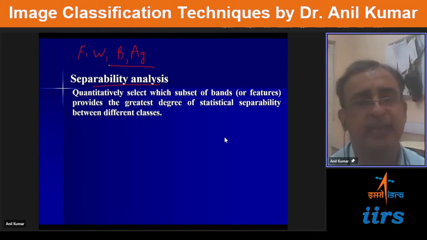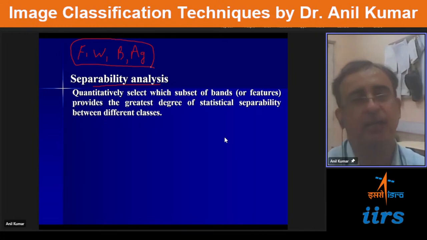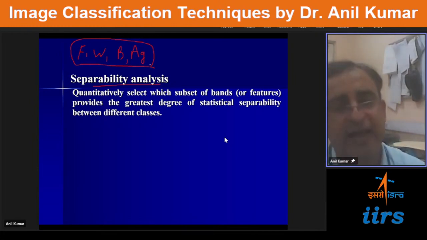So we have to see whether we have to use all the 12 bands available in the data, or just 4 or 5 or 6 bands are okay. How do we know how many bands are sufficient to map the classes I'm looking for, like forest, water, built up and agriculture?